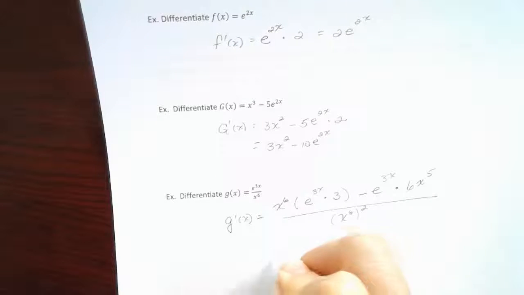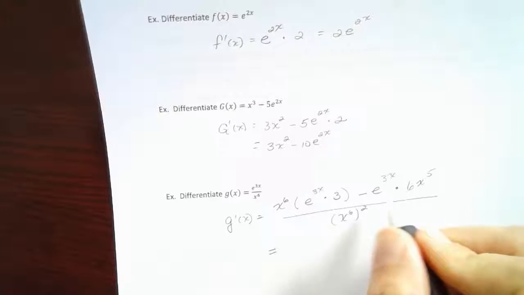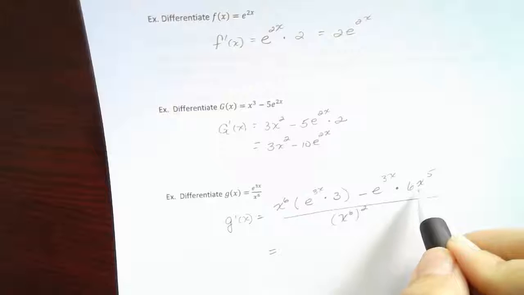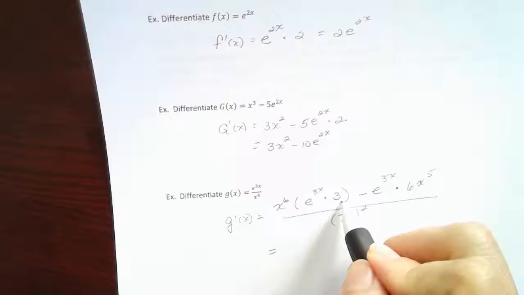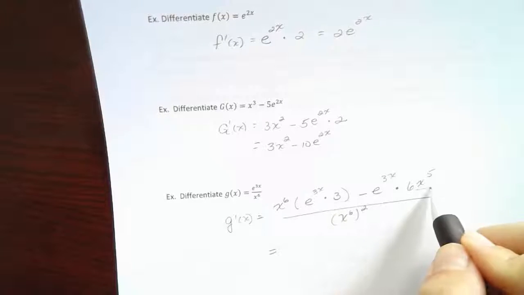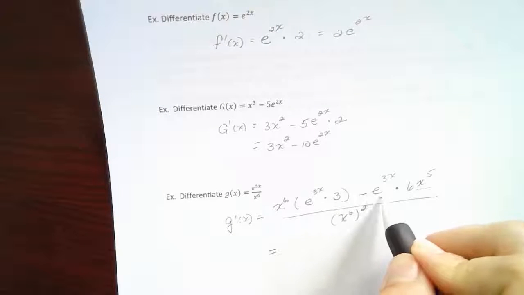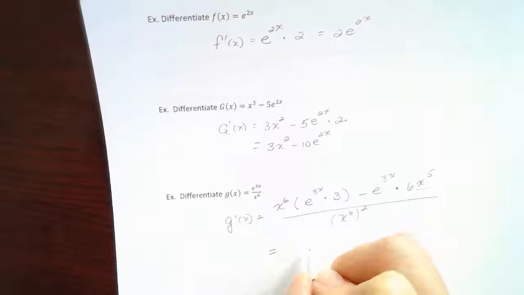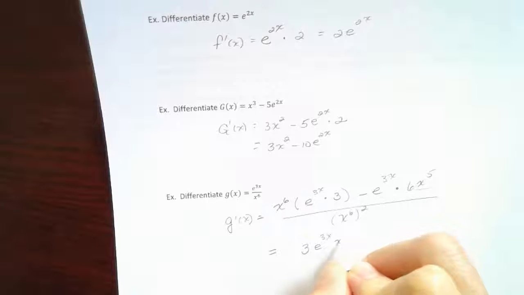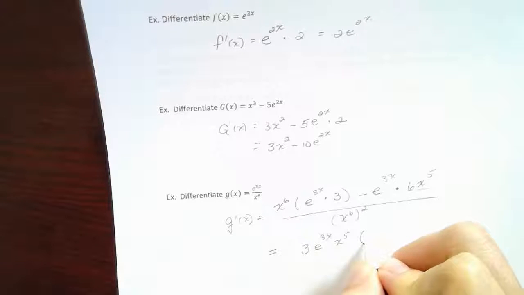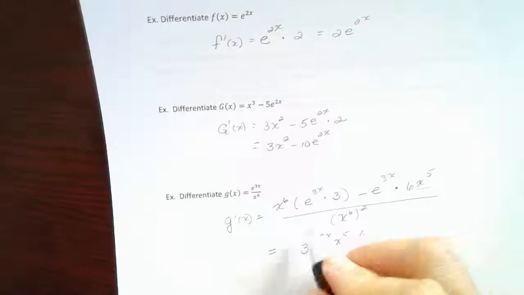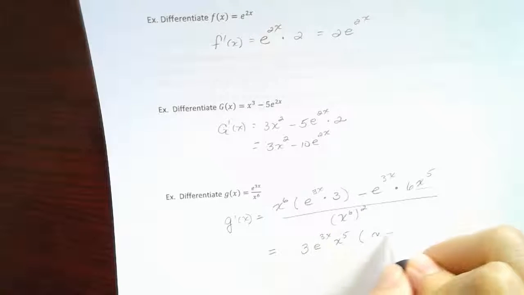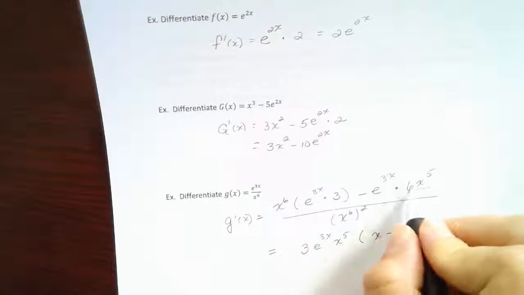Okay, let's go ahead and simplify this. Let's factor out the common factor. We have a 3 that we can factor out, an x to the 5th power that we can factor out, and an e to the 3x that we can factor out. So we're going to have 3e to the 3x, x to the 5th power times, to get x to the 6th, I need one more x and everything else I have here. So x minus, in order to get a 6, I'll need a 2.